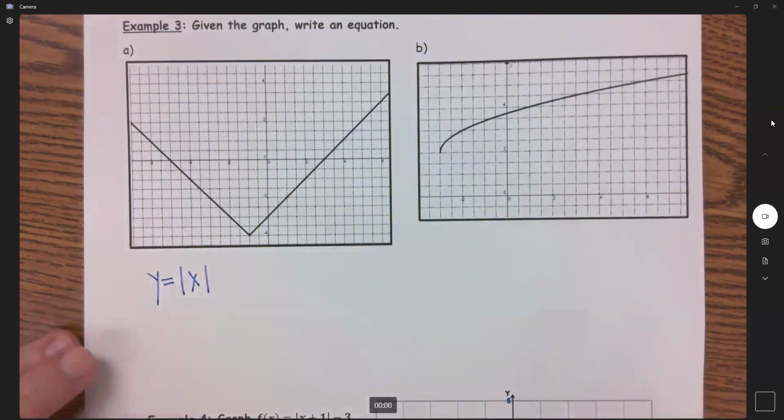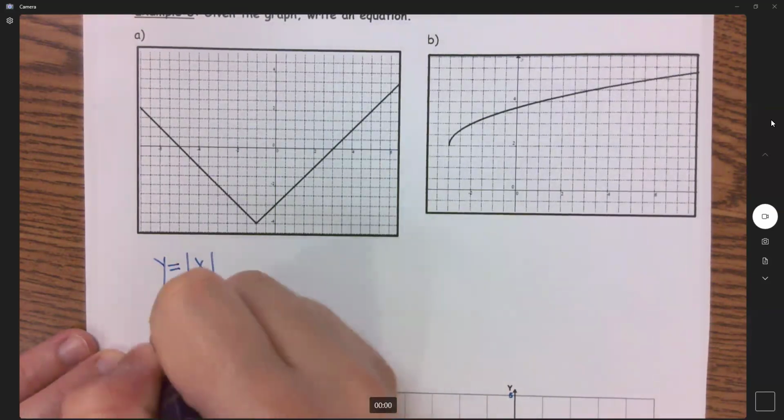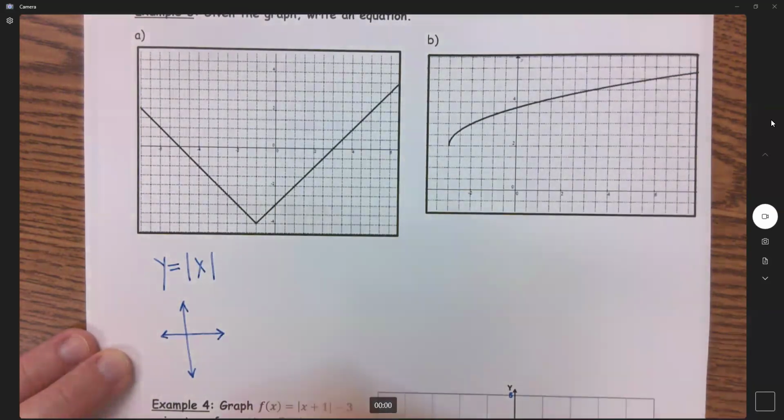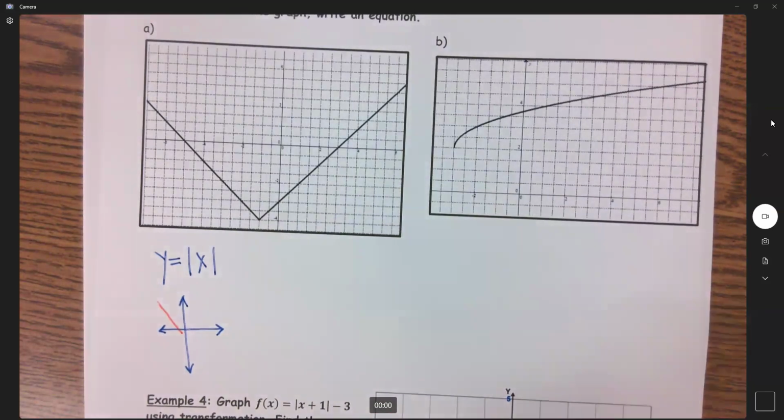Now, typically, when I have the absolute value of x and it is not being shifted in any direction, oh, that's a bad drawing. Okay, let's start over.